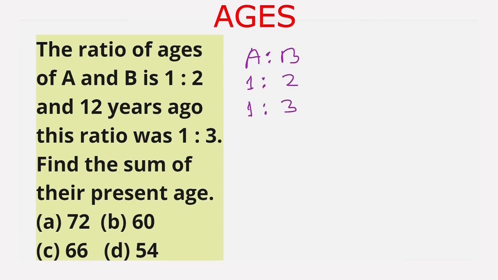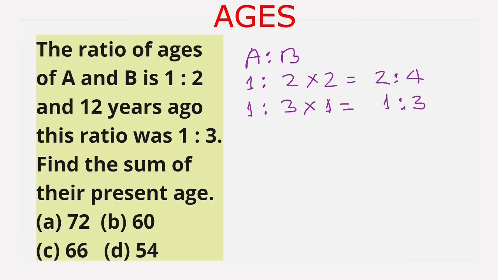We have to make this difference equal. So we multiply the first ratio by 2, and we get 2:4. Now the difference between 2 and 4 is 2, and for 1 and 3 the difference is also 2. So I multiply the second ratio by 1 to keep it as it is.